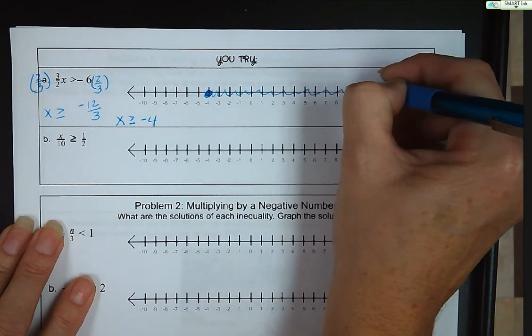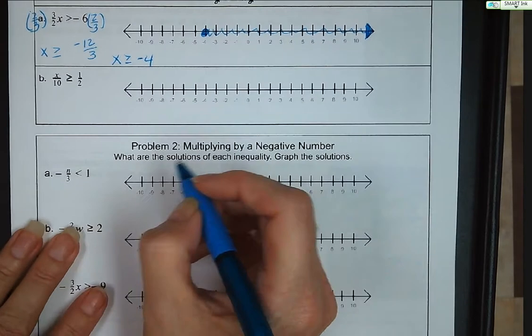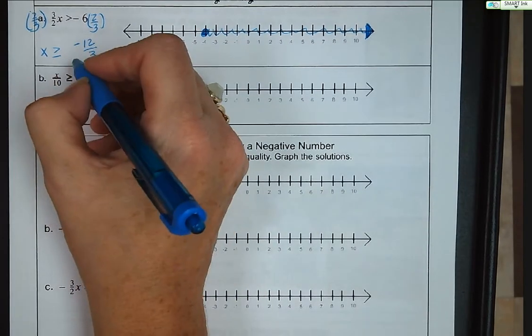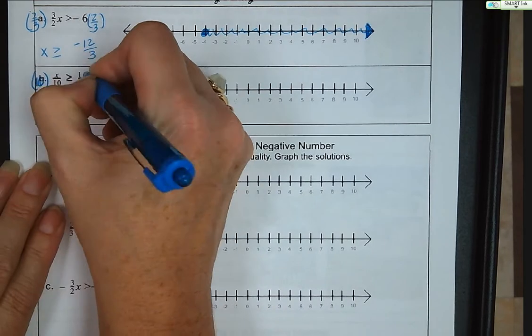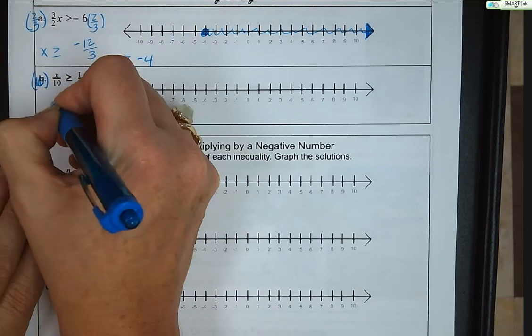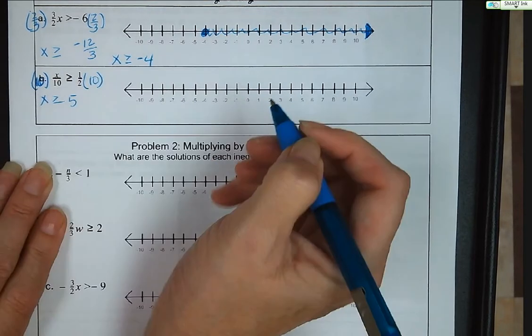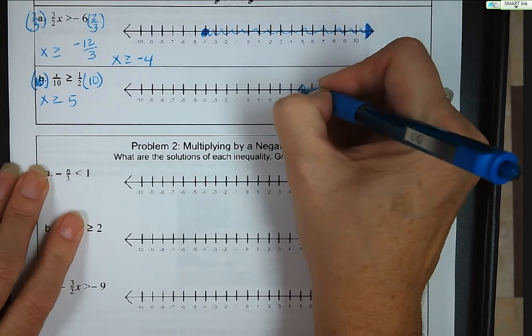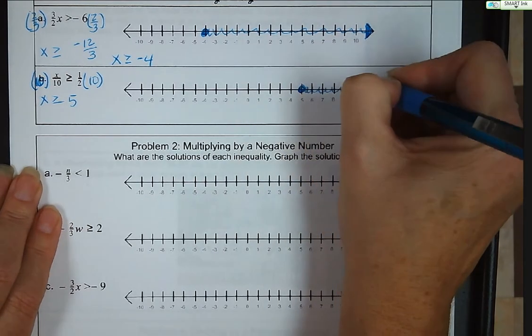Letter B. We are going to multiply both sides of the equation by 10. And x is going to be greater than or equal to 5. So we have a closed dot at 5, and we are shading to the right.